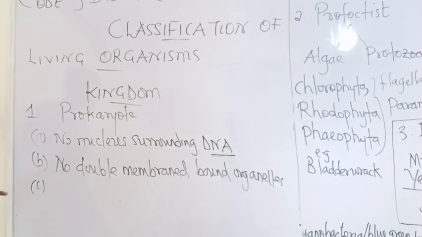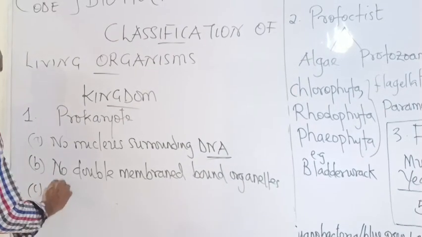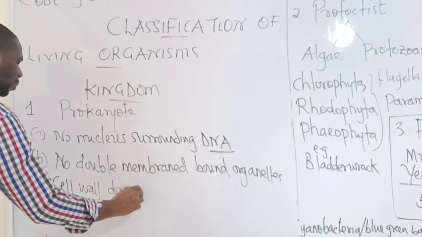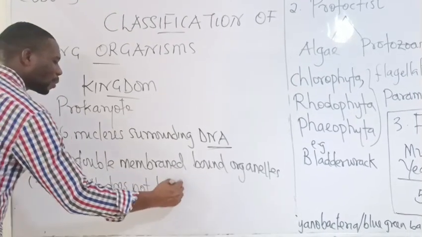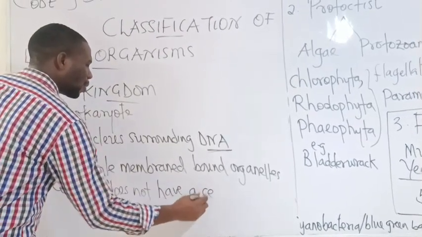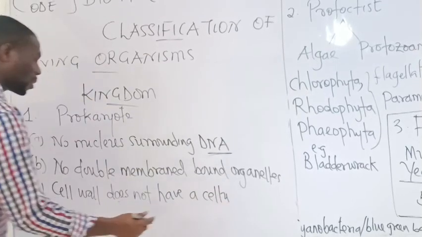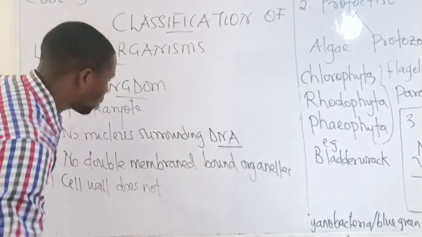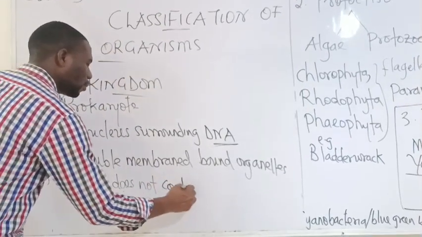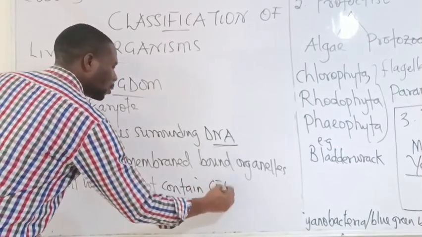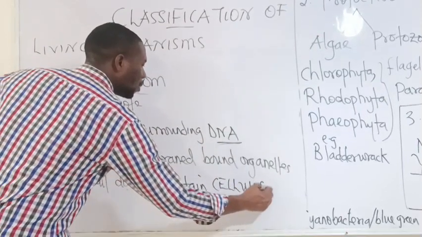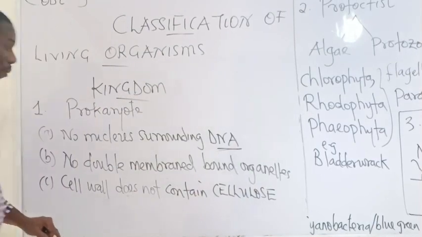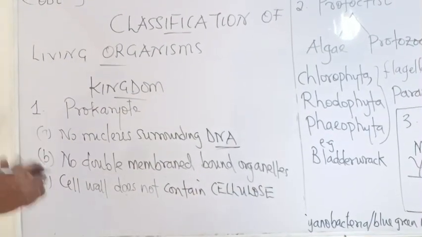Cellulose is missing in the cell wall. So the cell wall does not contain cellulose. Cellulose helps to give the cell wall rigidity.